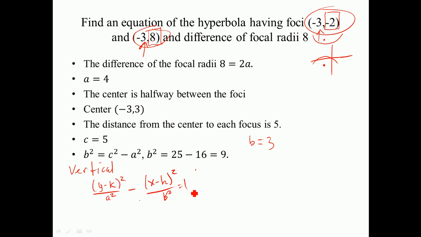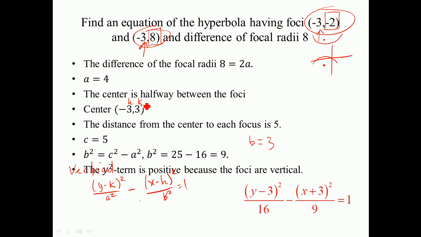Since that's the case, we know where everything's going to go. We know what a squared is, we know what b squared is, and we also know what (h, k) is, which is right here. The y squared term is positive because the foci are vertical. Since we have all that, we get this equation. And that's how you find those.